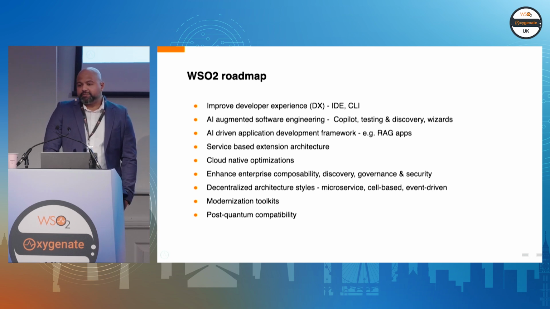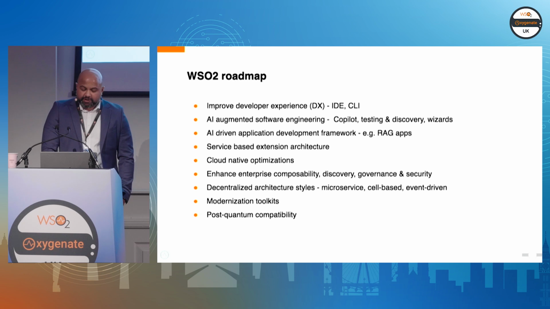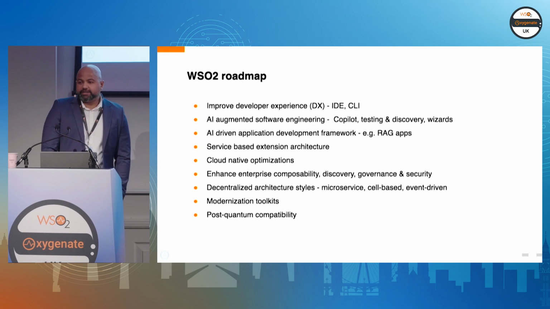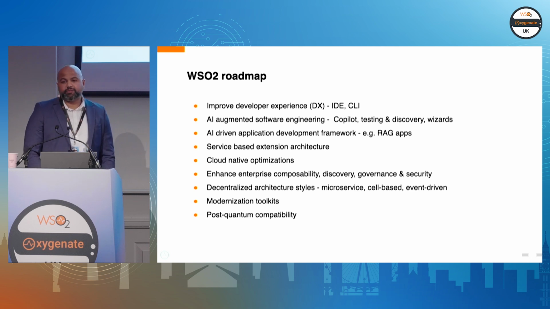So you can use the same control plane in order to govern that, but still, if you want to run that as an independent gateway, you can use the toolkit just to create a runtime using an OpenAPI specification without having to worry about the rest of the components of the platform. And we also have a focus on post-quantum compatibility, for example, in order to prevent attacks originating from quantum computing systems. Those are some of the roadmap items that apply to WSO2 products in general.